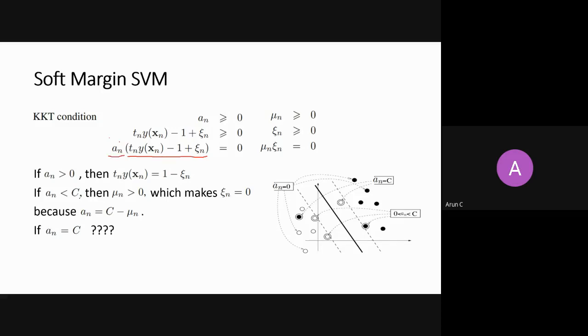If a is non-zero, then definitely g(x) should be 0. And if g(x) is 0, it means t_n y_n equals 1 minus psi, because my constraint is active here.